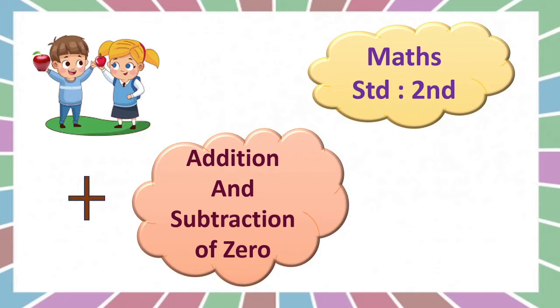We use this symbol when we are going to make addition or we are going to take the total of the things. Right? And this is minus, correct? Or it is called as subtraction sign, right? Today we are going to do addition and subtraction of 0. This is 0, right? 0 means nothing, correct? Okay, let us move to our topic.